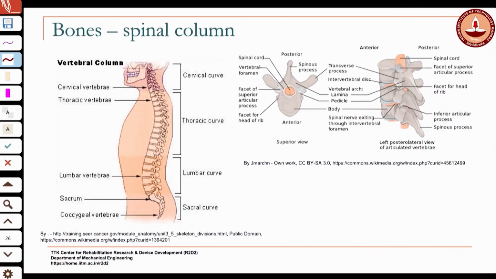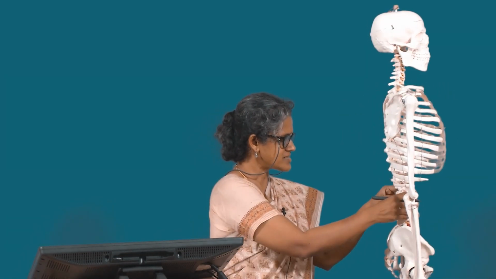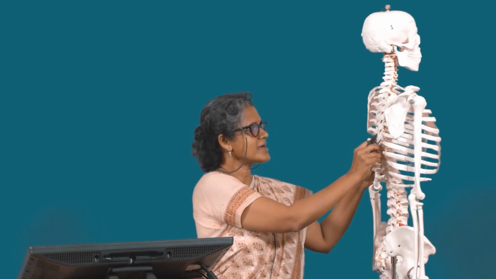The vertebrae are the ones that are considered irregular bones, because if you look at the shape of each vertebra, it has all these protuberances, all these different things sticking out. They have funny shapes in each of them. And if you notice, as you go down the spinal column, the size changes.